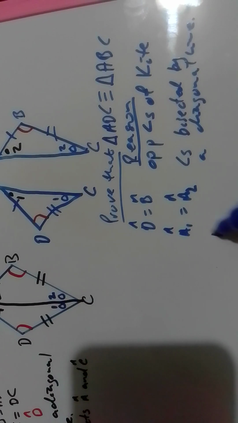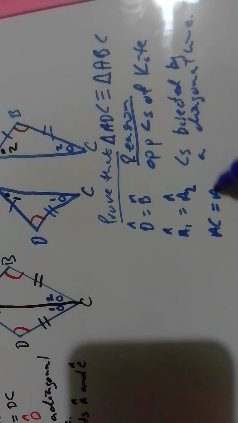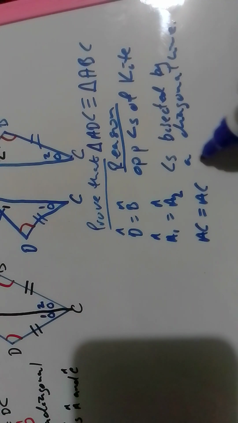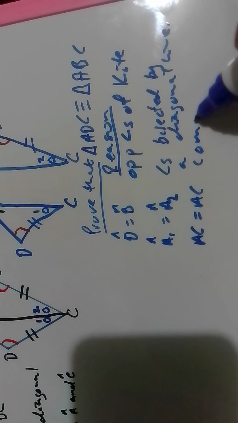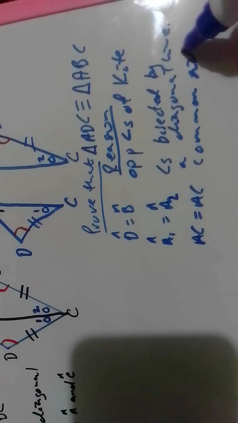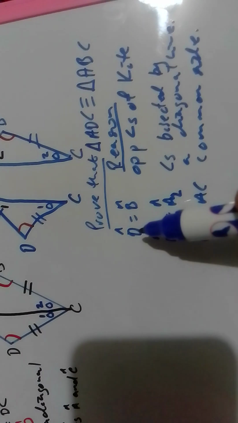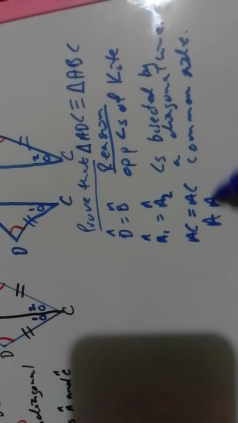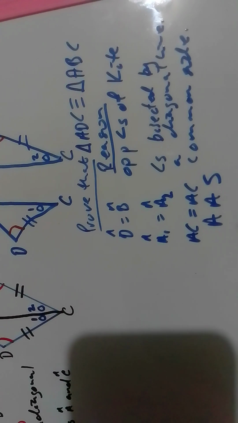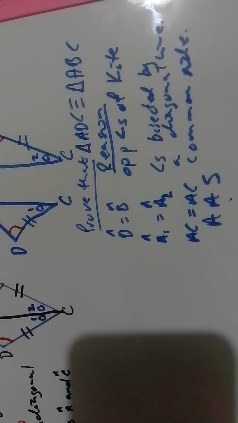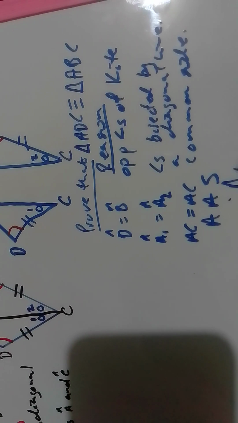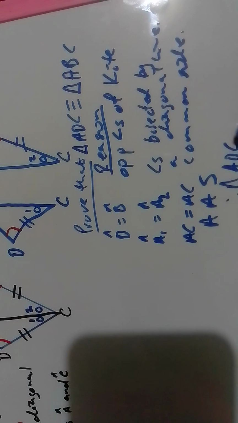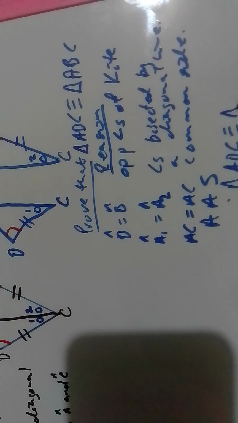So I say AC is equal to AC, which means that I've got a common side. So the first reason, angle. Second reason, angle. The last reason was a side. Angle, angle, side. So therefore, I can conclude that triangle ADC is congruent to triangle ABC.